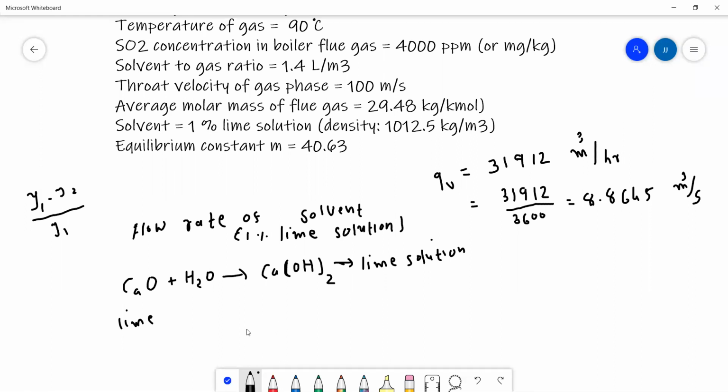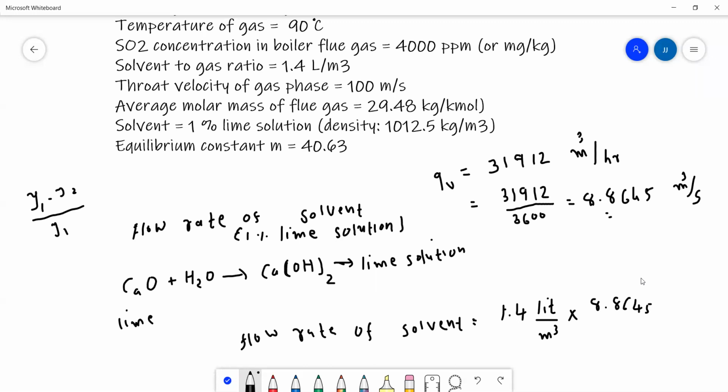So flow rate of solvent is equal to 1.4 liter per meter cube, and we multiply with the gas flow rate, that is 8.8645 meter cube per second.